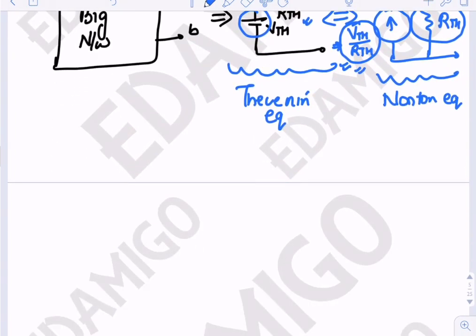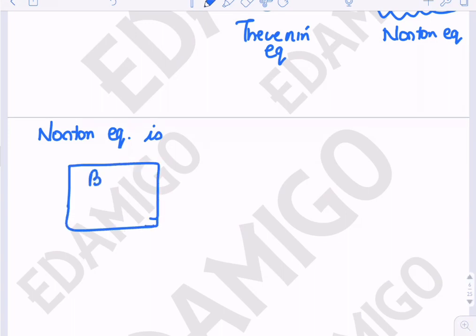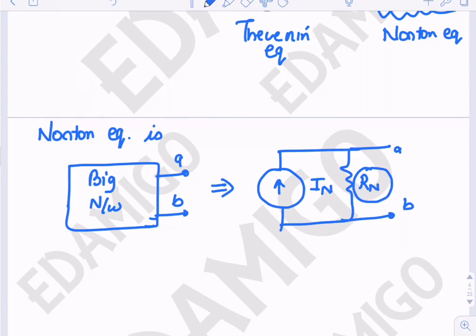One more thing we can add here. We can see that the Norton equivalent of this big network between terminals A and B is a Norton current IN and the Norton resistance RN between terminals A and B. Now we know that this RN is equal to RTH, so the method to find out RN is the same as RTH.